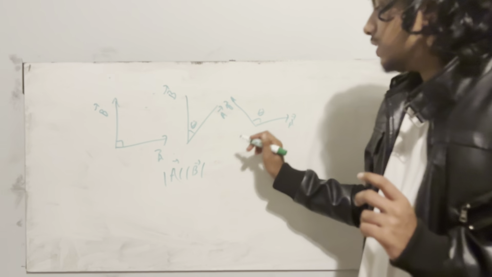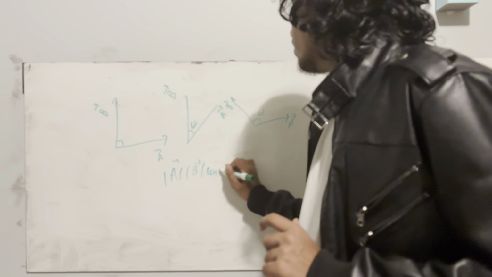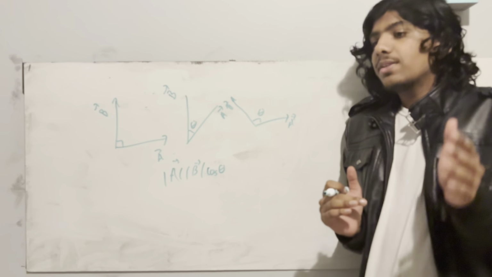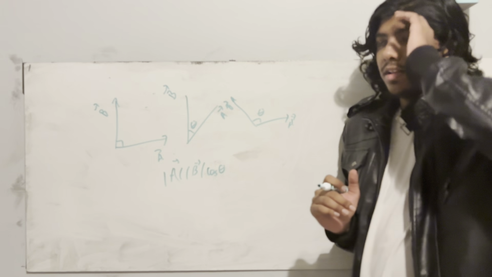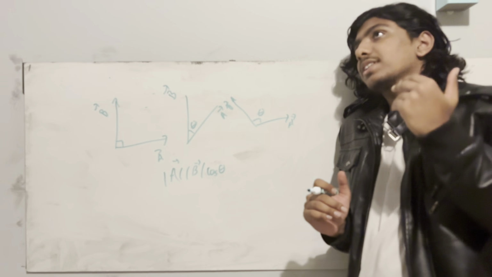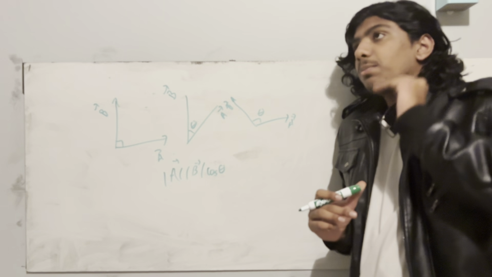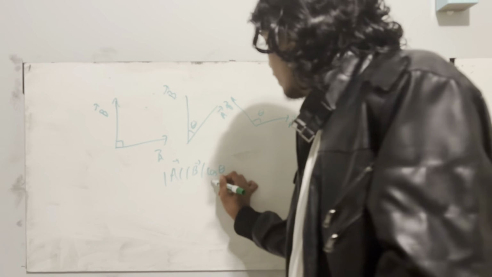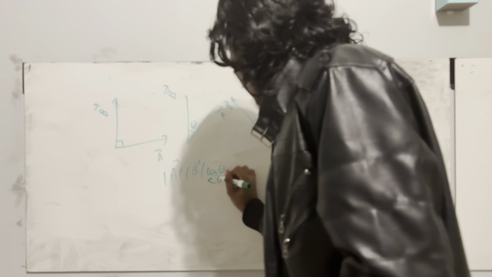But if you take the cosine of an acute angle, an angle less than 90 degrees, we always get something greater than 0.